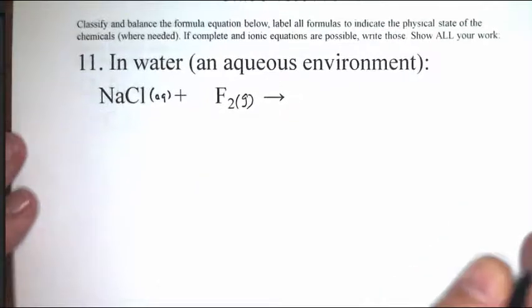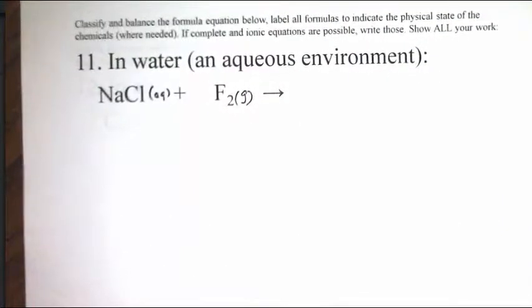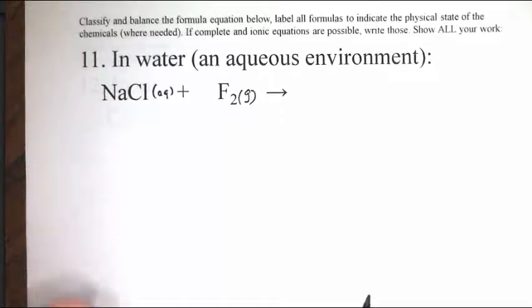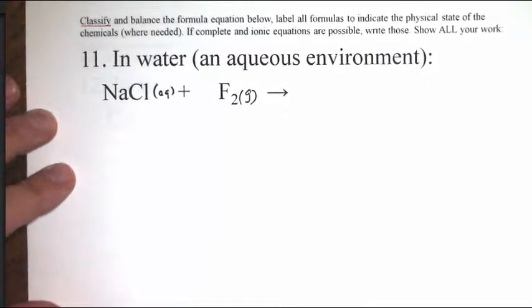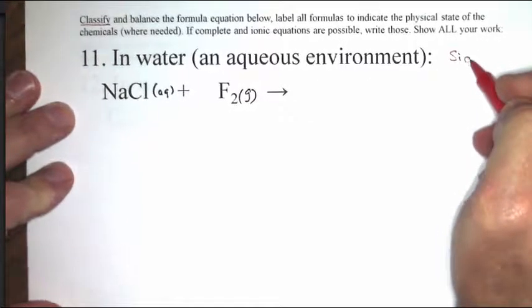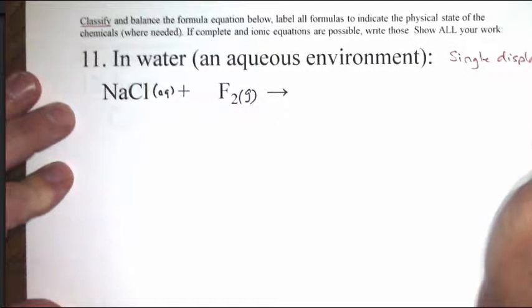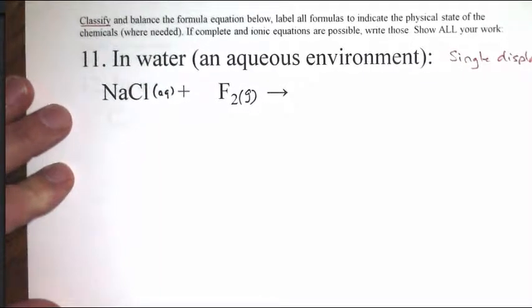The question now is, what classification of reaction is it? It says classify. If it's going to occur, it's going to be single displacement. How do we know if it's going to occur? What? Say it again?